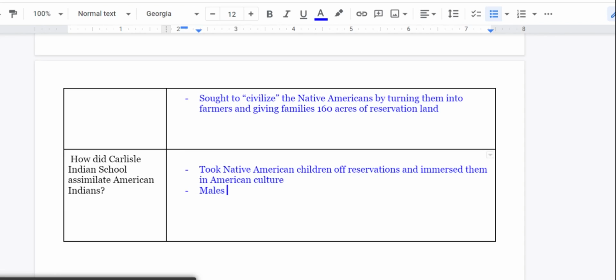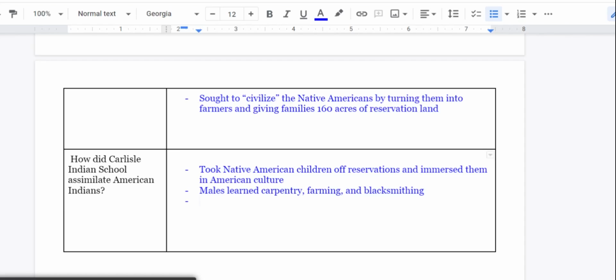For example, males learned carpentry, farming, and blacksmithing. Females were taught sewing, laundry, and cooking.